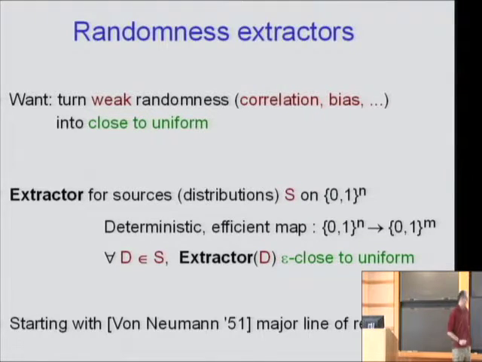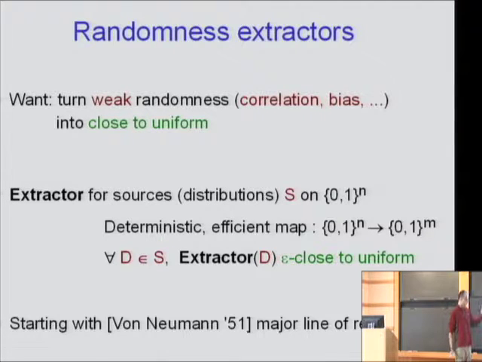I stress that these are the deterministic variant. David and Noam have started this also very popular line of randomized extractors, but I'm not going to talk about that now.